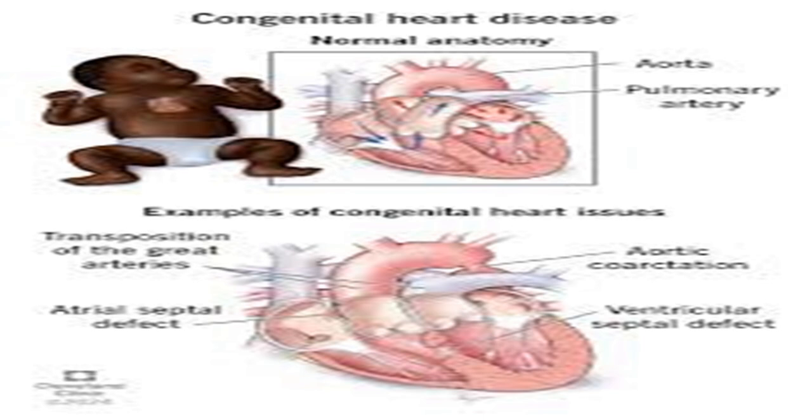Pulmonary stenosis, narrowing of the pulmonary valve, restricting blood flow from the right ventricle to the lungs. Aortic stenosis, narrowing of the aortic valve, making it harder for the heart to pump blood to the body. Coarctation of the aorta, narrowing of a portion of the aorta, the major artery that carries blood from the heart to the rest of the body.